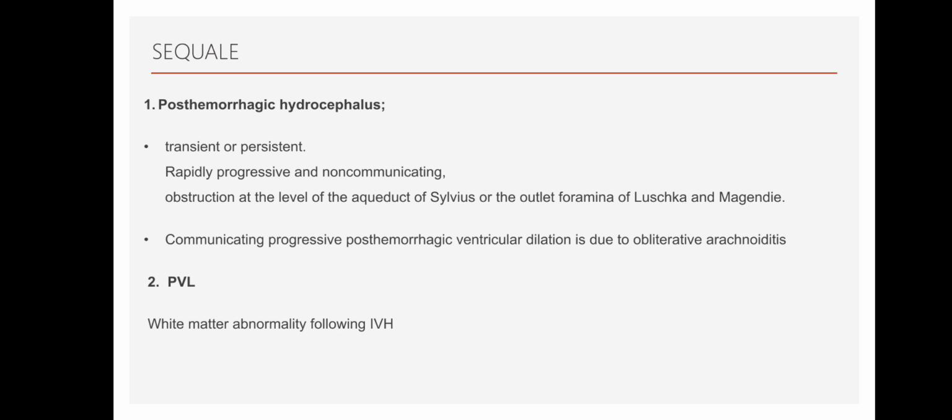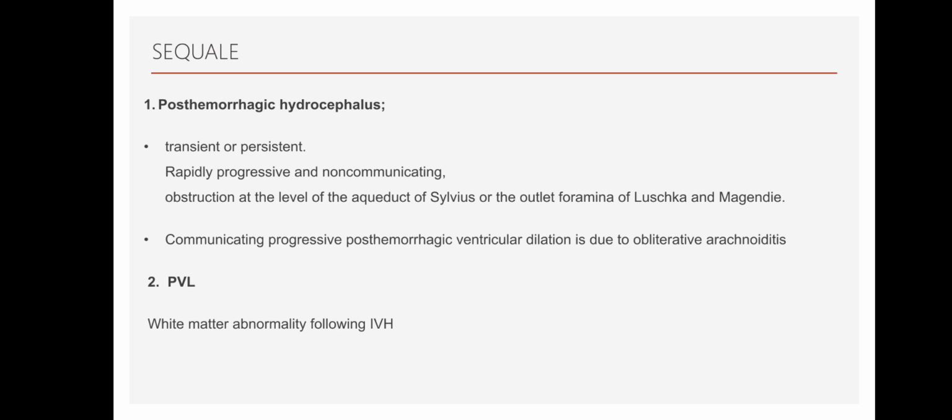The pathophysiology of obstructive hydrocephalus is usually obstruction at the level of the aqueduct of Sylvius or the outlet foramina of Luschka and Magendie, while communicating or non-obstructive post-hemorrhagic ventricular dilatation is usually due to obliteration of the arachnoid villi.